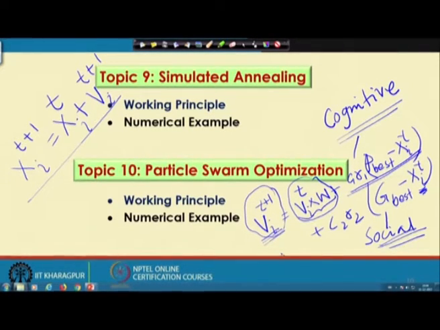On the other hand, particle swarm optimization is a very efficient tool for both global as well as local search. So, particle swarm optimization is superior. Moreover, it is faster compared to the genetic algorithm, because here we have no such operators like reproduction, crossover and mutation.